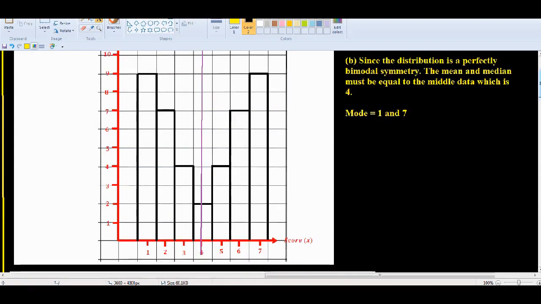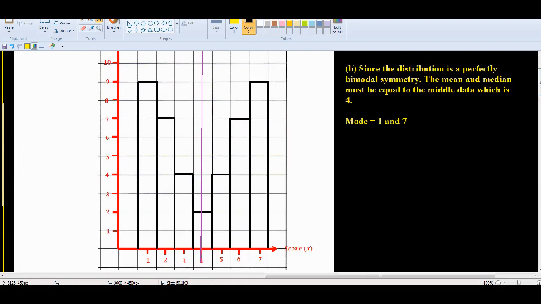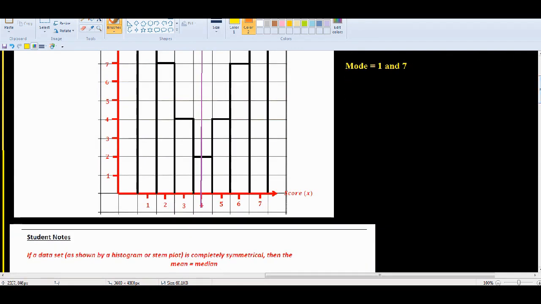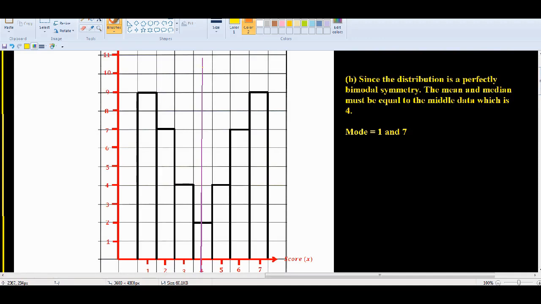If we look at the graph, both the mean and median are at the center part of the data. So that's 4. That vertical line means mean and median, which are equal.